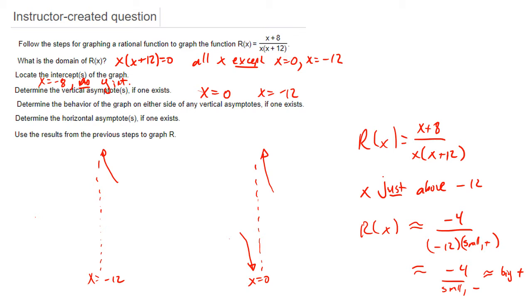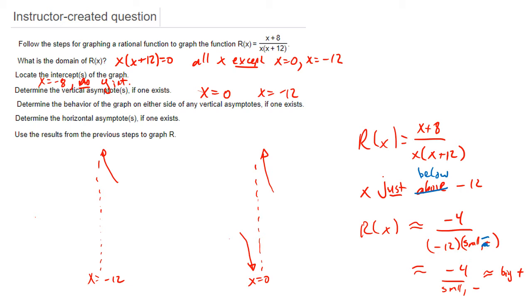What about from the left? Well, if I plug in x just below negative 12, in other words, negative 12.001, just slightly to the left. Well, when I add 8, I'm still very close to negative 4. X is still very close to negative 12, but now when I add 12, since I started out slightly smaller than negative 12, I am very small, but I'm going to be negative.